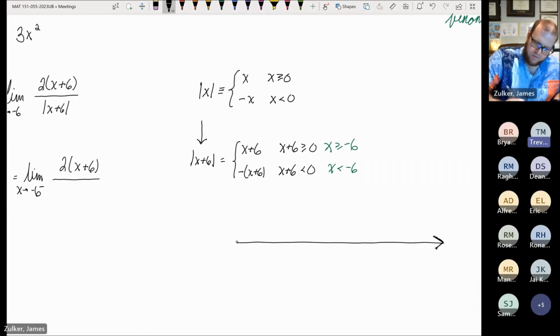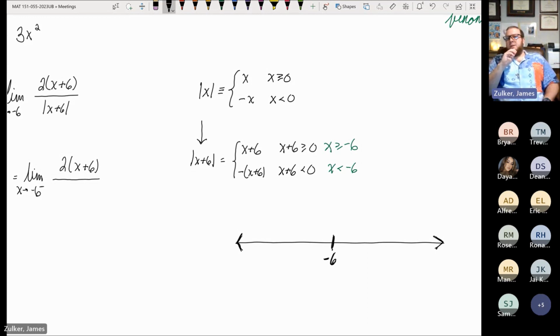All the values of x are negative. Well, that's true. All the values of x are going to be negative. But how do they relate to -6? Think of the number line. If we're to the left of -6, how are all those values related to -6?